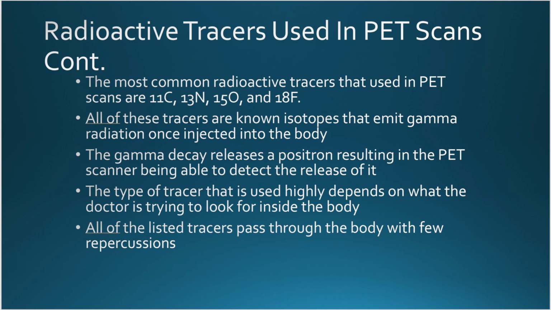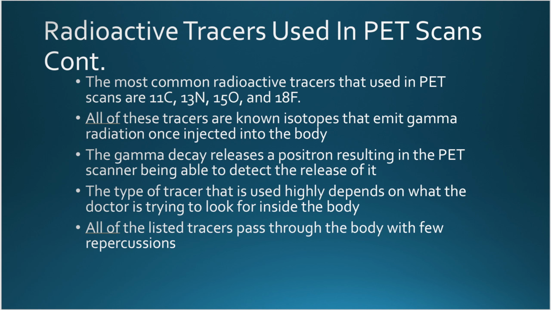I will continue now with the radioactive tracers used in PET scans, and we'll talk briefly about some of the most common ones. The most common radioactive tracers that are used in PET scans are 11 carbon, 13 nitrogen, 15 oxygen, and 18 fluorine. All of these tracers are known isotopes that emit gamma radiation once they are injected into the body.